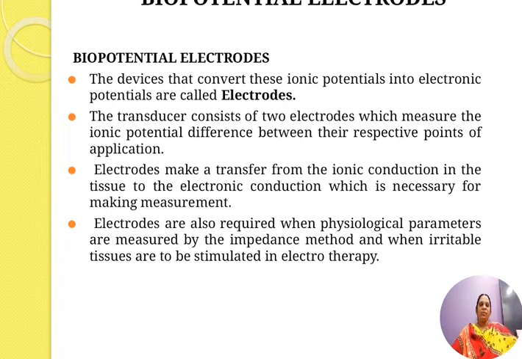Biopotential electrodes are devices that convert these ionic potentials into electric potentials. Electrodes make a transfer from the ionic conduction in the tissue to the electronic conduction which is necessary for making the measurement.